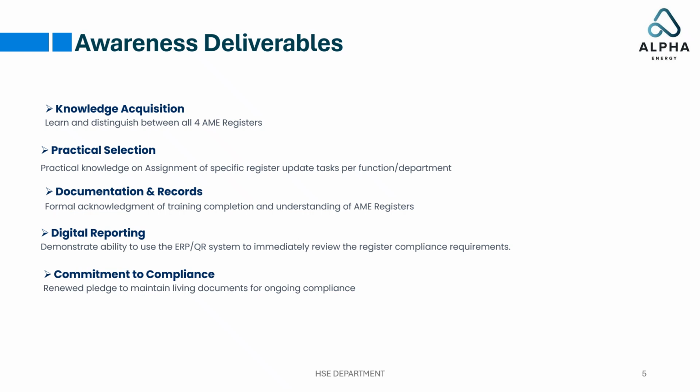Another deliverable is documentation and records, which provides formal acknowledgement of training completion and understanding of the AME registers. In addition, digital reporting ensures employees are able to use the ERP or QR system to review register compliance requirements efficiently. Finally, the deliverables include a commitment to compliance, reinforcing the responsibility to maintain these registers as living documents to ensure continuous compliance and improvement.